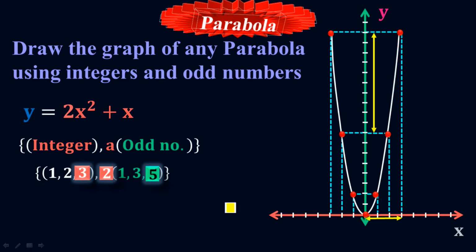Don't forget 2. Similarly, when I picked 3, 3 means positive 3 along the x-axis, positive 1, positive 2 and positive 3. At this point, I will have 10. I'm gonna go 10 points from here up to there. I have done the first integer, from here to there. Then I did the second integer, from here to there.